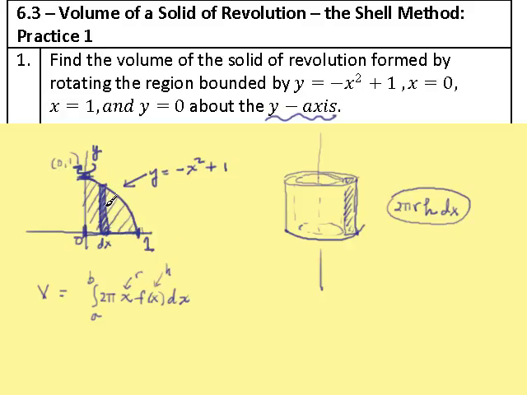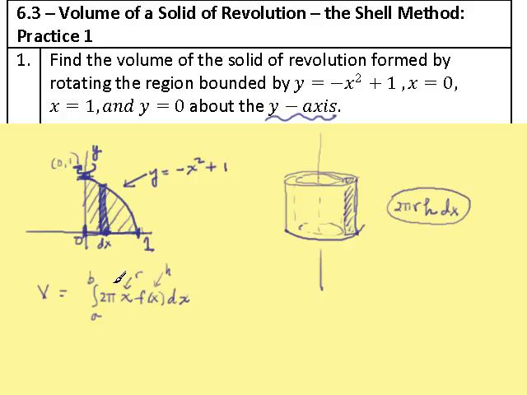If we look at this again, this rectangle that we're spinning about the y-axis, when we spin it about the y-axis, the radius is from here to some x value, and the height is correspondingly f of x. So here's the radius x, and here's the height f of x. f of x is the height underneath this curve, and dx is the thickness.